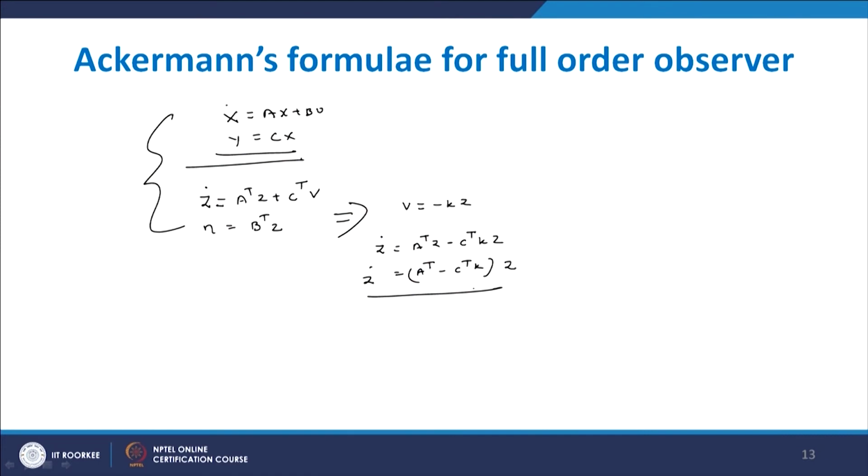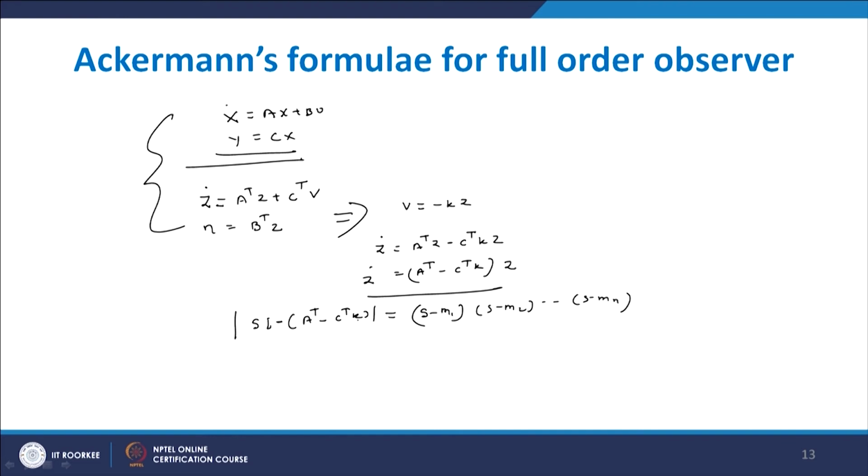So this can be written as sI minus A transpose minus C transpose K, that is equal to (s minus m1)(s minus m2) up to (s minus mn). Here m1, m2 up to mn are assumed to be the observer poles, and our purpose is to determine the values of this K matrix.